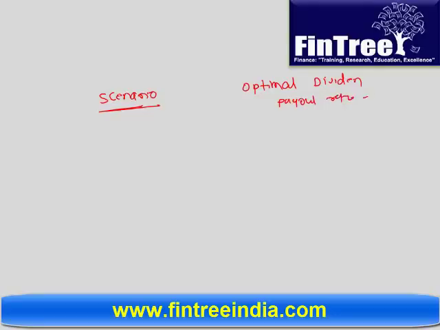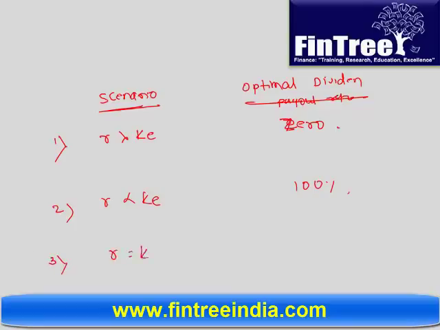So scenario number 1, R is greater than K, then this should be 0. Second, R is less than K, optimal dividend ratio 100%. And number 3, R is the same as KE, optimum dividend payout ratio is irrelevant.